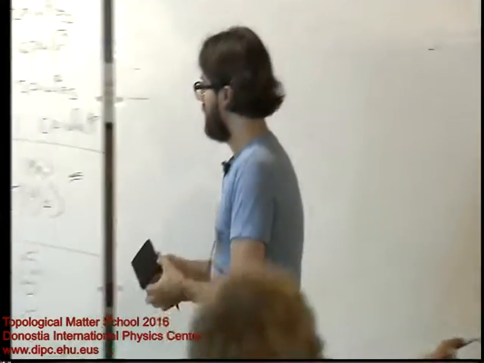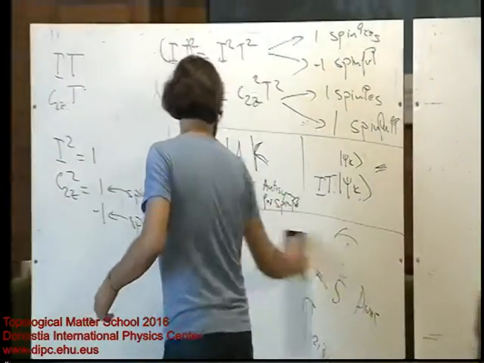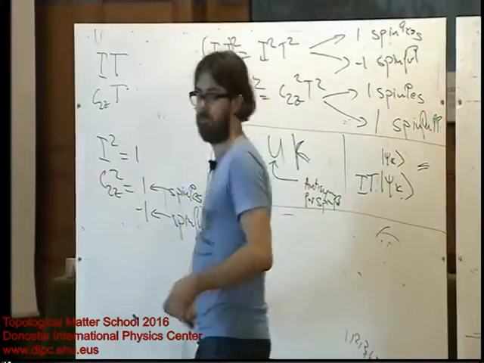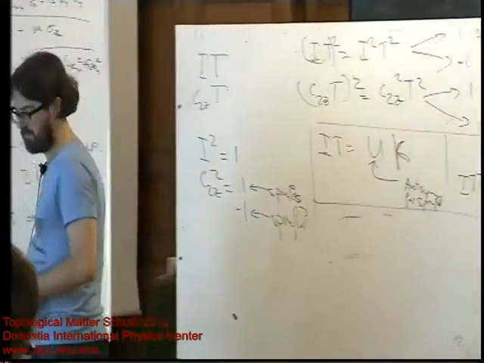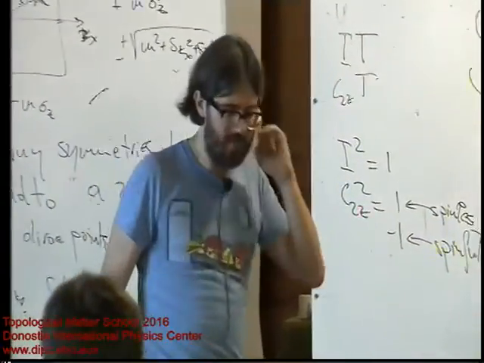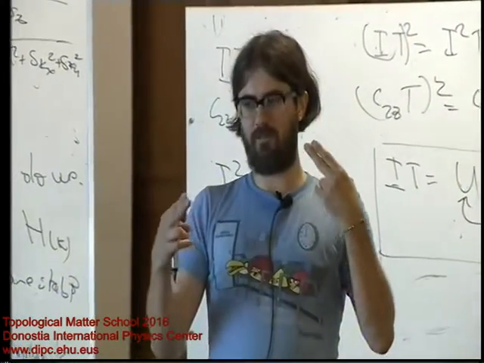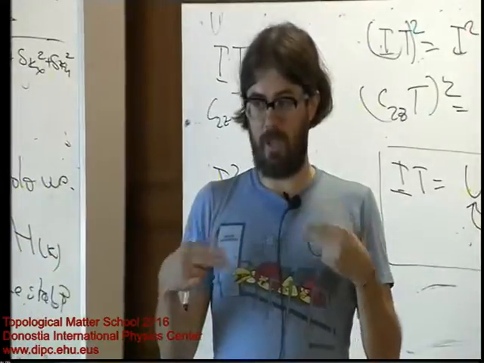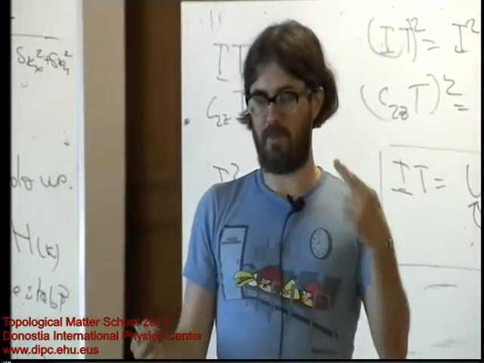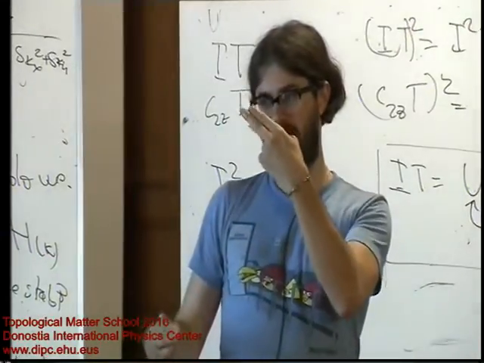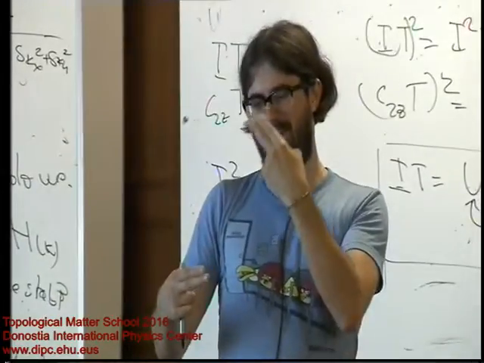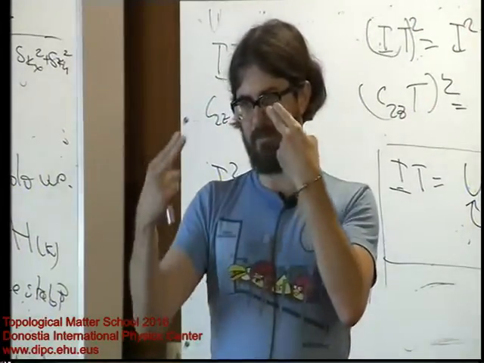Okay? So how do you get them in 3 dimensions? Well, in 3 dimensions, you don't get them just with inversion and time reversal. In 3 dimensions, you get them with inversion, time reversal, and C4. So inversion times time reversal makes them doubly degenerate.